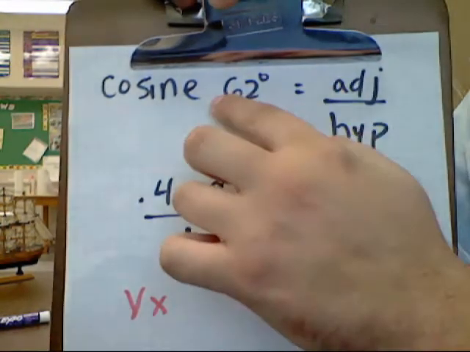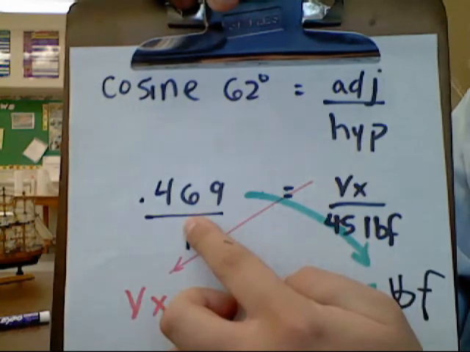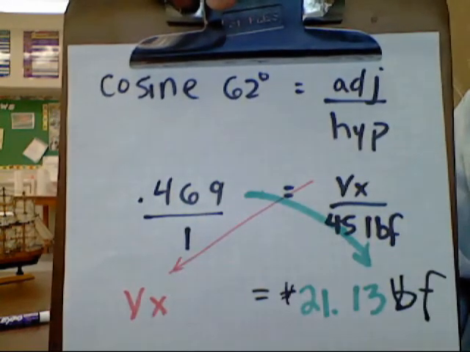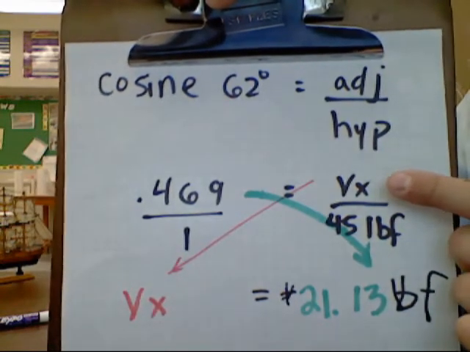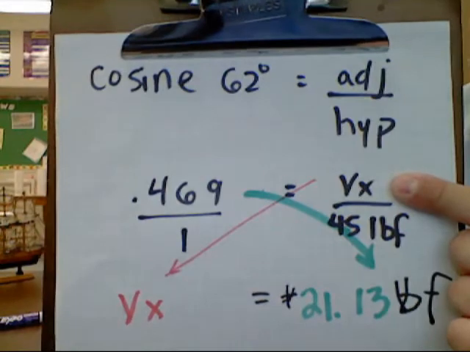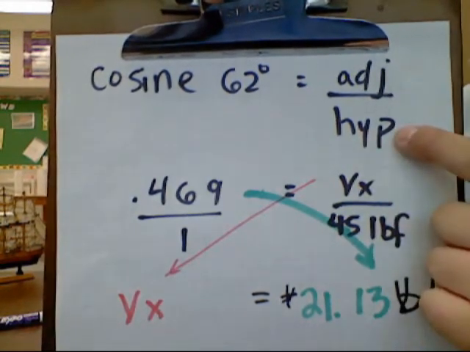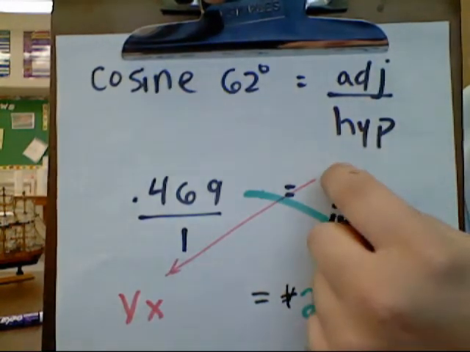I plug in from my calculator or trig table 0.469 for the cosine of 62 degrees. I do want to put that over 1 if I want to do any cross multiplying. My adjacent was back in the question. It was Fx if we're using the letter F for the force, divided by my hypotenuse, which was 45 pounds force. I cross multiply along the red arrow.